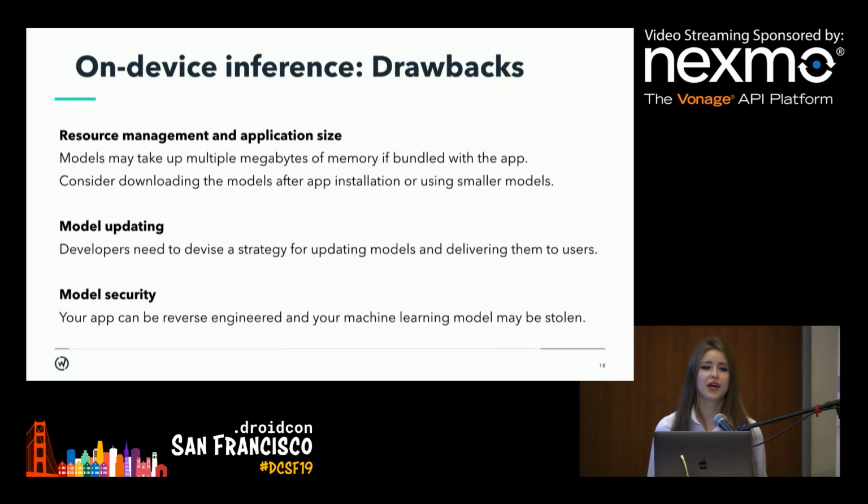Does that mean that we should force all the users to upgrade the app as a whole, or should we just try to update the machine learning models in the background and deliver them to users maybe without them even knowing? And also, we all know that apps can be reverse engineered, and that also means that your machine learning model can be stolen.